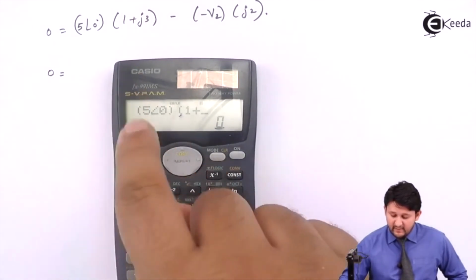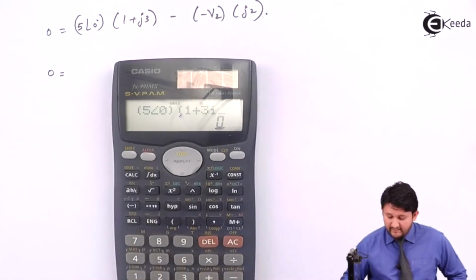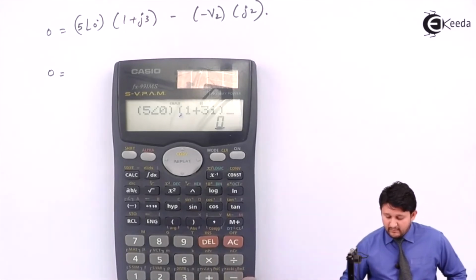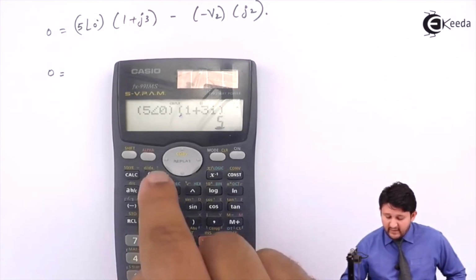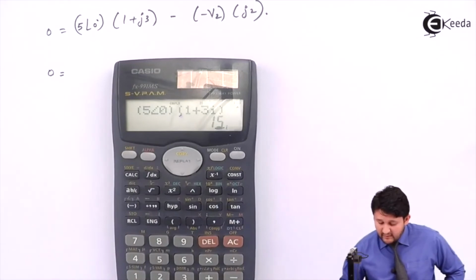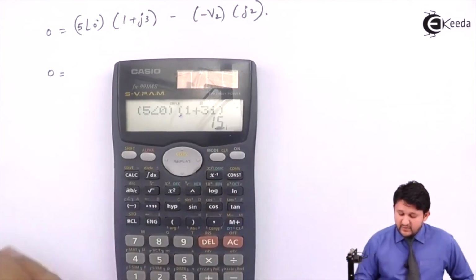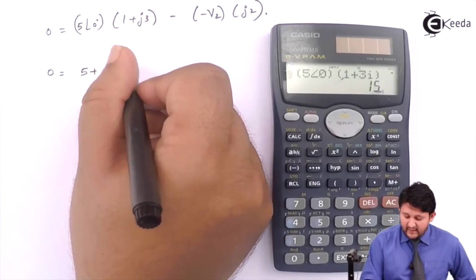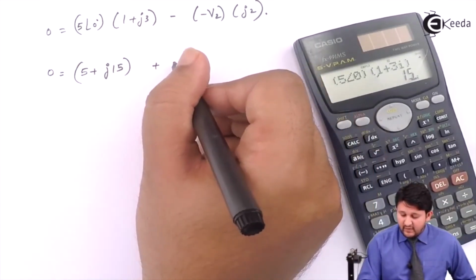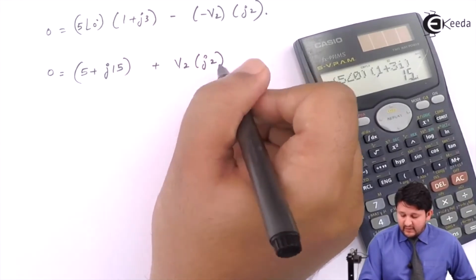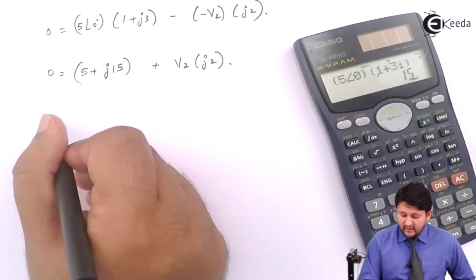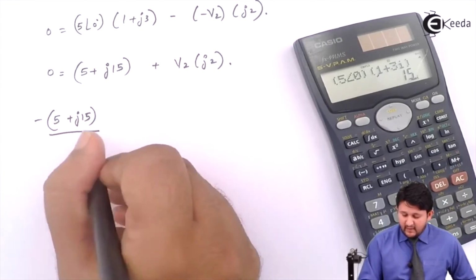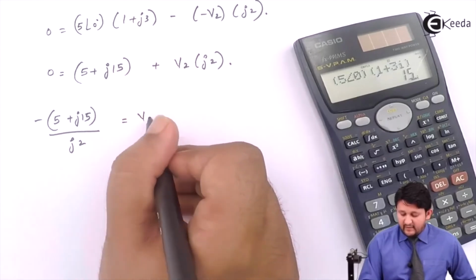While writing you write j, but in the calculator you write i after the number. You get 5 as the real part, and shift equal gives 15i. So your calculation is 5 plus j15, which equals V2 times j2. Shifting to this side, you get (5 plus 15i) divided by j2, and that will be the value for V2.